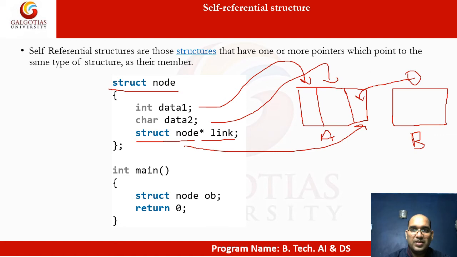After accessing this structure, we go to this address, and at this address structure B will be there, where all the data related to student B is stored. So we can access it with the help of this. So int main, struct node OB, return 0.